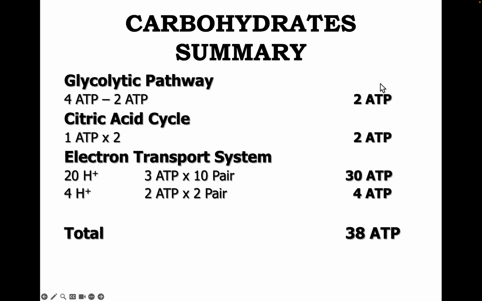Up top here, 2 ATP is the net amount of ATP created from the anaerobic breakdown through glycolysis. Through glycolysis, 4 ATP are created and 2 are used, netting us 2 ATP total.